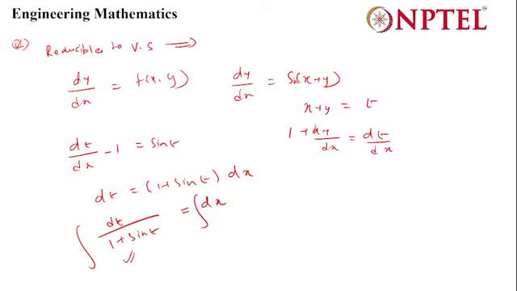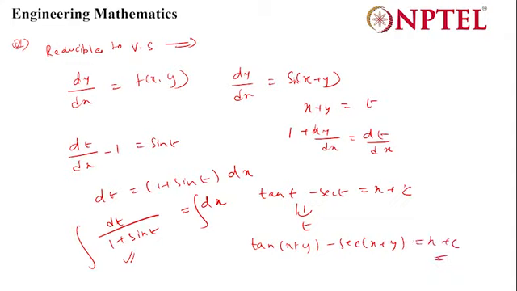After you integrate, you will get the answer something like tan t minus sec t is equal to x plus c, and then again you put the value of t, so your answer will be tan(x plus y) minus sec(x plus y) is equal to x plus c. That will be your answer.